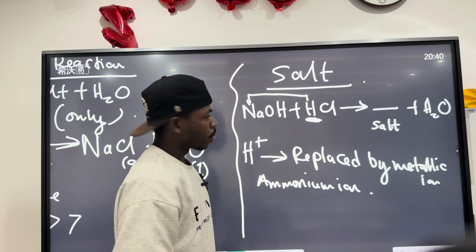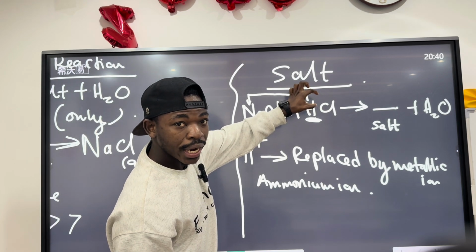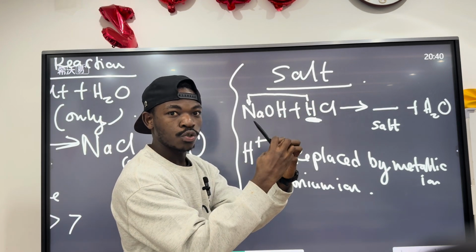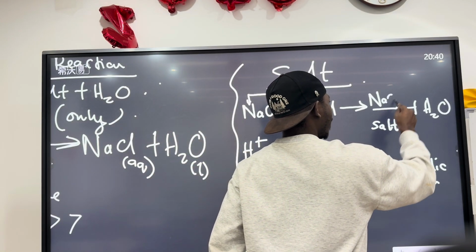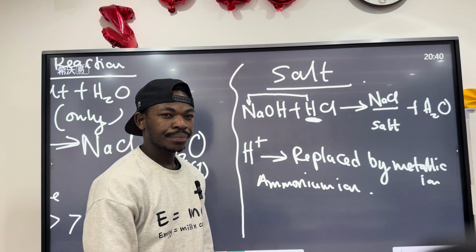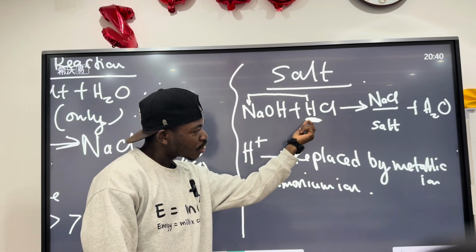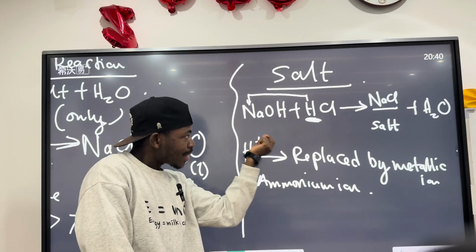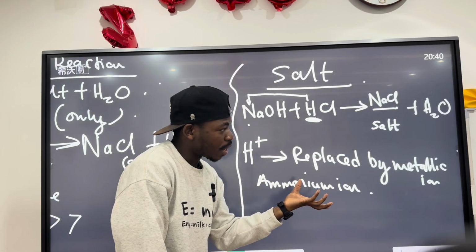Sodium is a metal, so we get sodium and combine it with the chlorine there. Sodium and chlorine will combine to form sodium chloride. So what we're going to form here is sodium chloride. That is a salt. So you can see that a salt is the compound formed when the hydrogen ion of an acid is replaced by the metallic ion, or the ammonium ion.